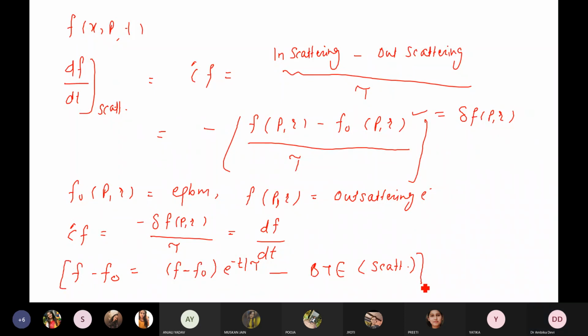Okay, right? So this is the resultant Boltzmann transport equation, and this is very much helpful to determine the transport properties of the metals. Okay, so this was the Boltzmann transport equation.